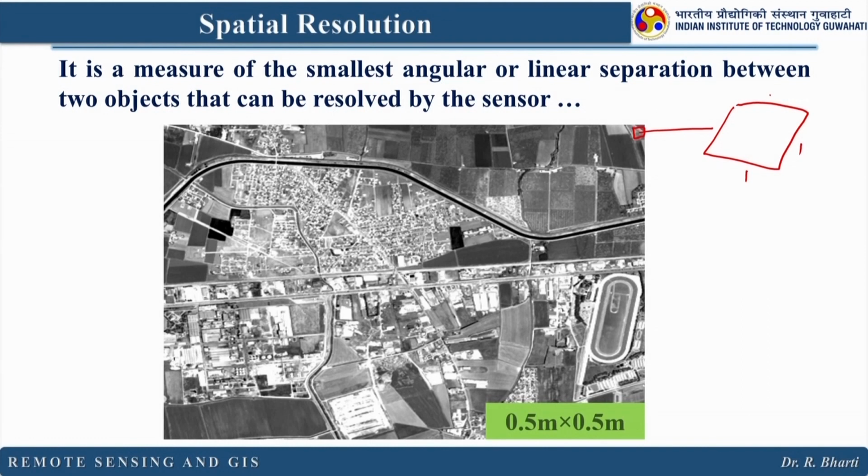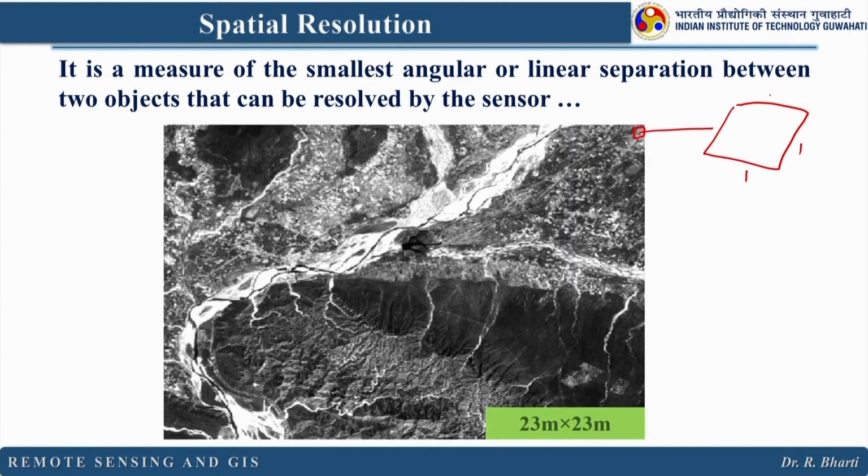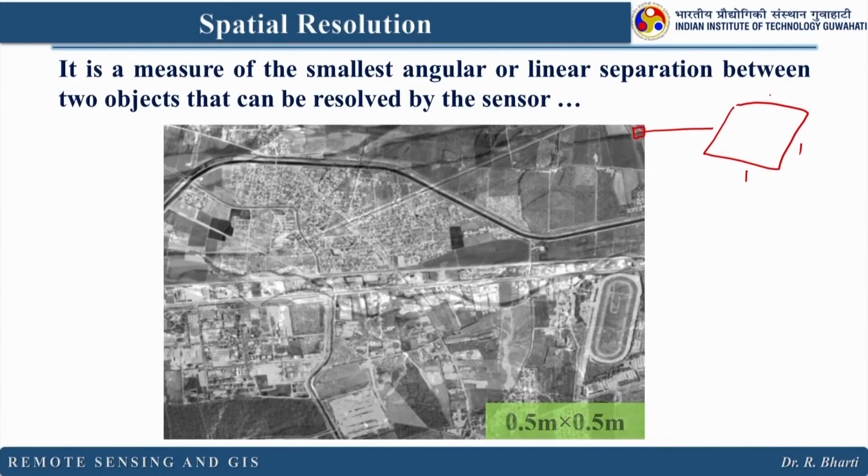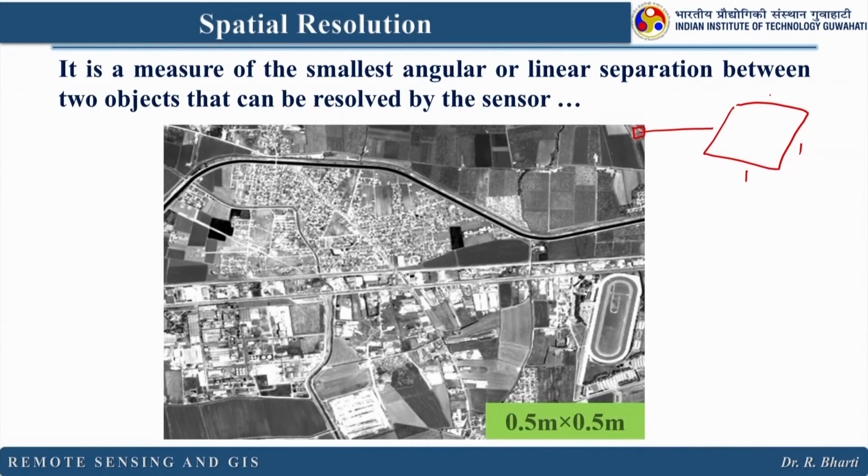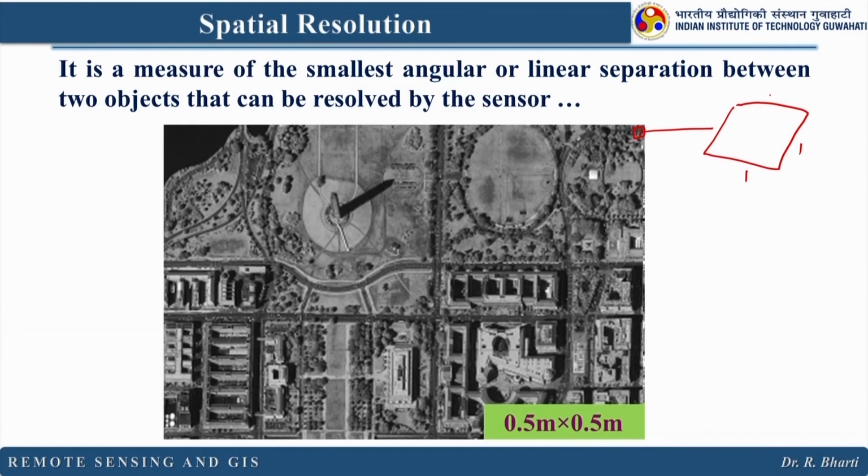So, now you can compare all these images slowly, how the information is increasing when resolution is increasing, right. So, this is the importance and the significance of spatial resolution in remotely sensed data.